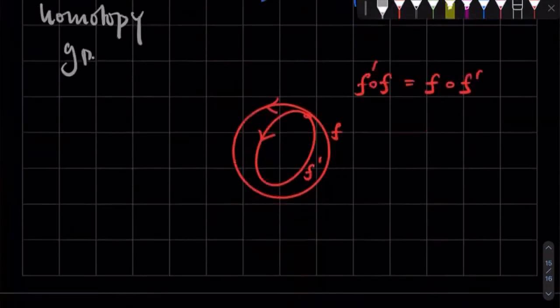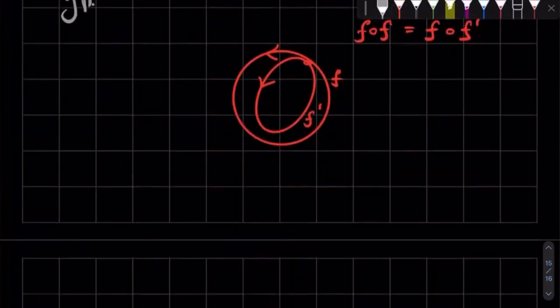Now, this is very qualitative, but you can argue that this is trivial: the continuous maps from the circle to the real line are going to be trivial.